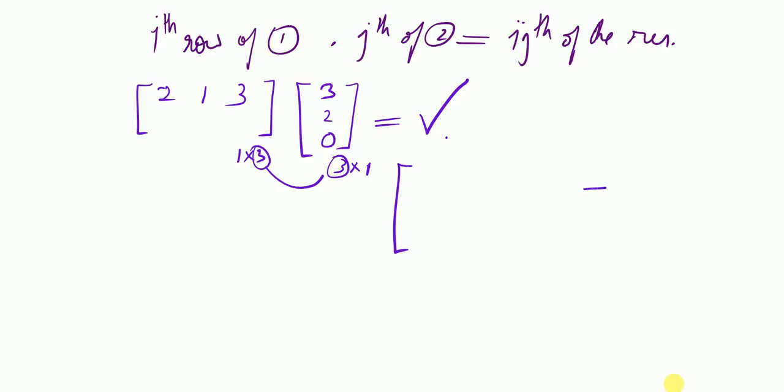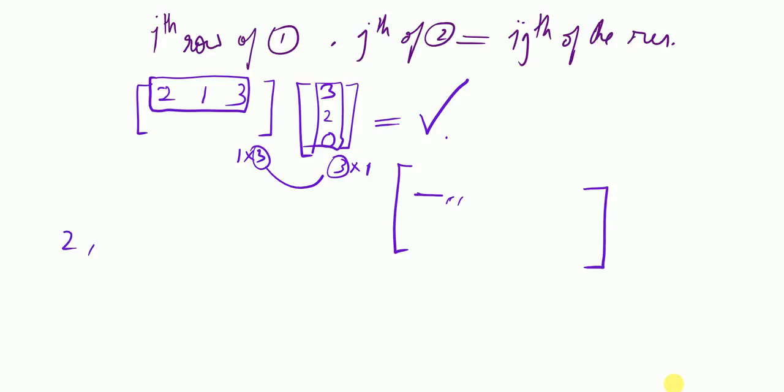So the resultant matrix here, the position here is 1 1, which means that it's the first row and the first column. So we're going to be multiplying the first row of matrix 1 with the first column of matrix 2.